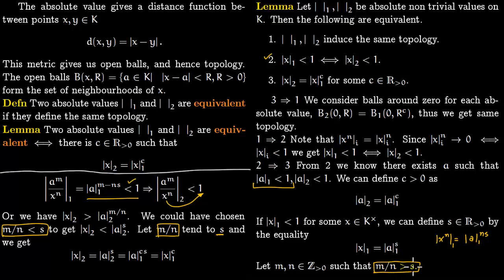Since m by n is greater than s, this number is positive and this is less than 1. But if m by n is less than s, then this number would become negative, and therefore everything will reverse. So now you take m by n tending to s, and instead of this greater than and less than, you get equality.